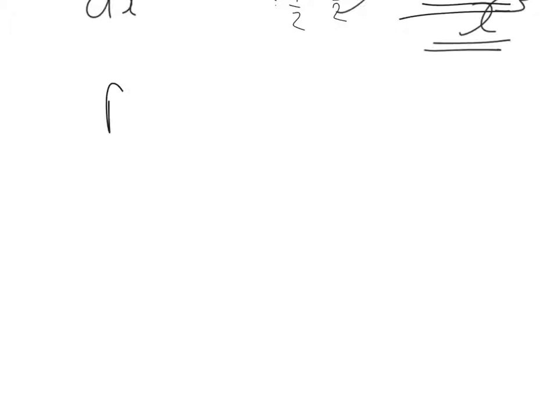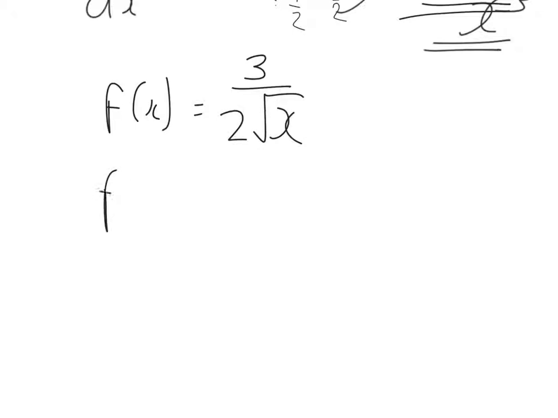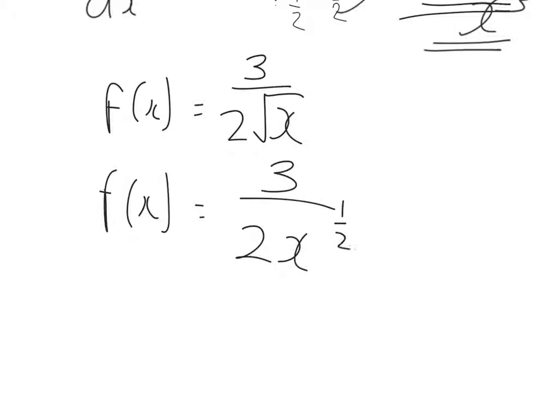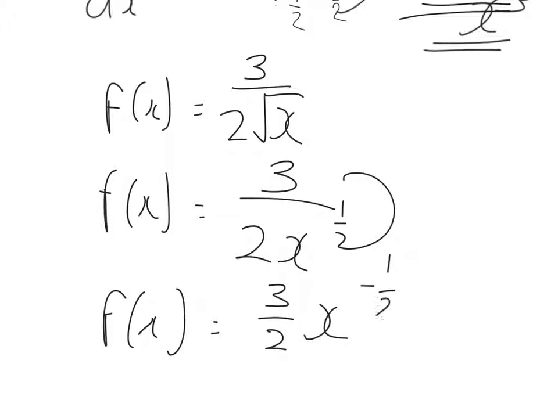Okay, let's try another one, which is going to be differentiate f of x equals 3 over 2 root x. Well, first of all, let's get rid of the root sign, and that will be 3 over 2x to the 1 half, and then let's bring that up, still preparing to differentiate. So that will be 3 over 2x to the minus 1 half by bringing it up.